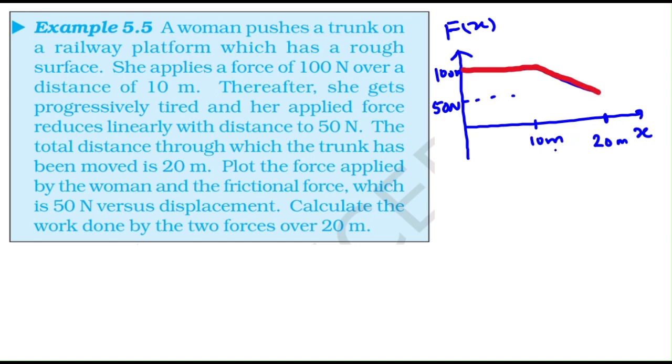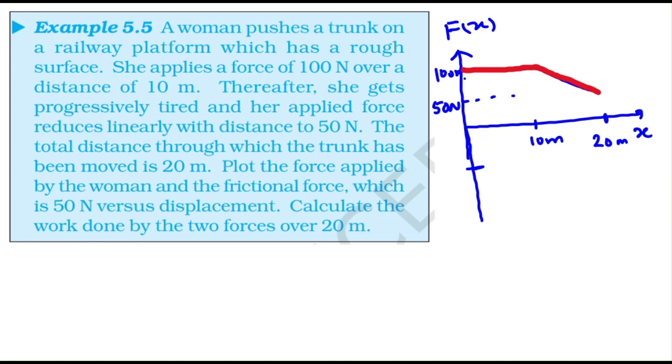Now what we have to plot is the force applied by the human and of course the frictional force. We can calculate the frictional force also, but we do not have to because it is given, which is 50 Newton. Friction force should come to this side because it is opposite to the direction of displacement.